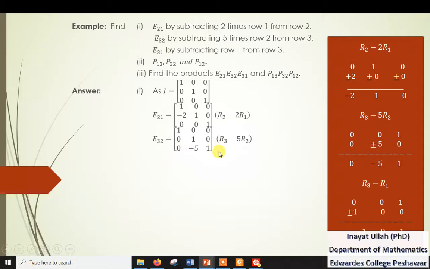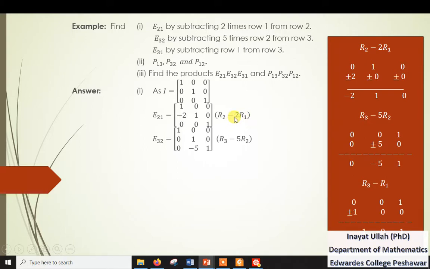What is the main change? The main change occurs in row 3. In the previous case, the main change occurred in row 2, and it changes by the number which we subtract, when subtracting 2 times row 1 from row 2.